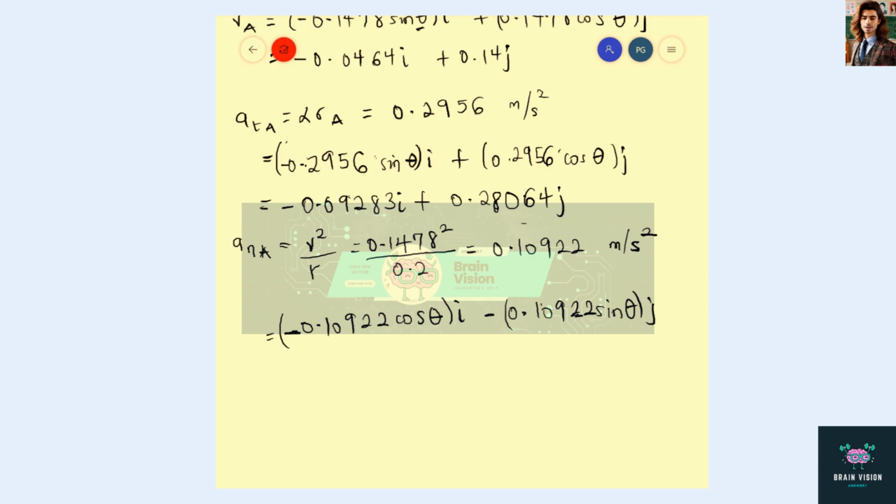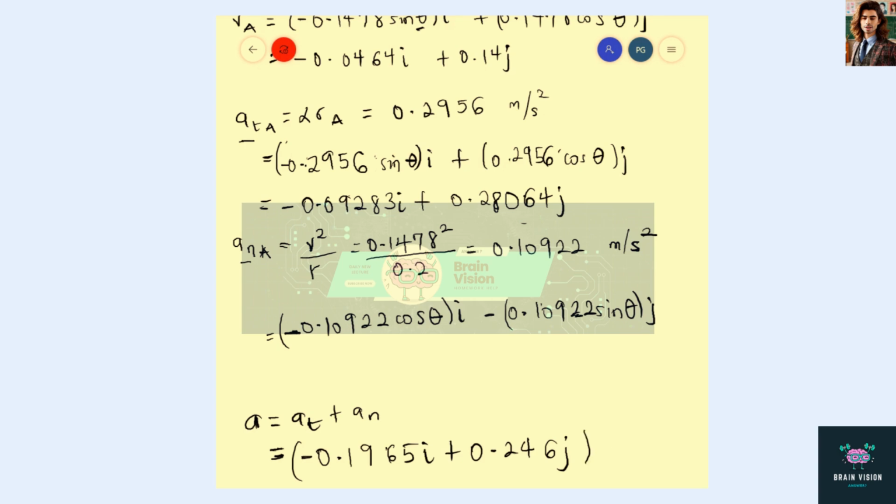And our final answer for the acceleration: we just need to add the tangential and the normal, a_t plus a_n, and after calculating all of that, you get minus 0.1965 i plus 0.246 j.